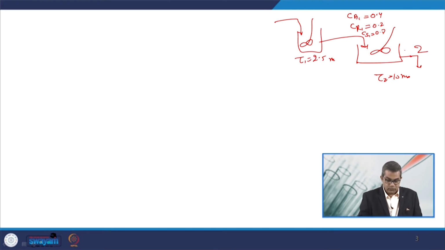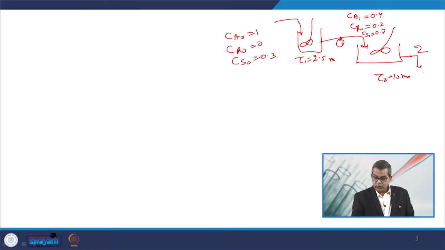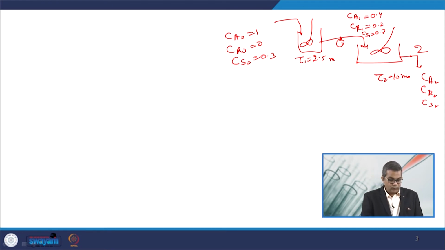This is my 1 and 2, and here Ca naught is equal to 1, Cr naught is equal to 0 and Cs naught is equal to 0.3. So you need to find out Ca2, Cr2 and Cs2.